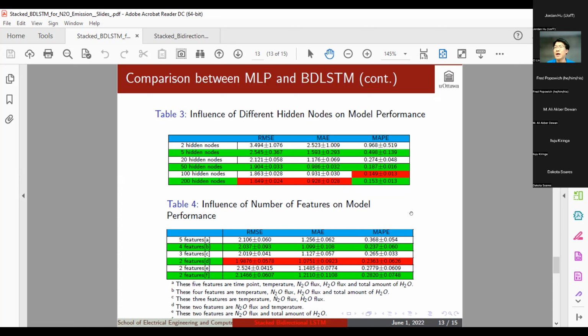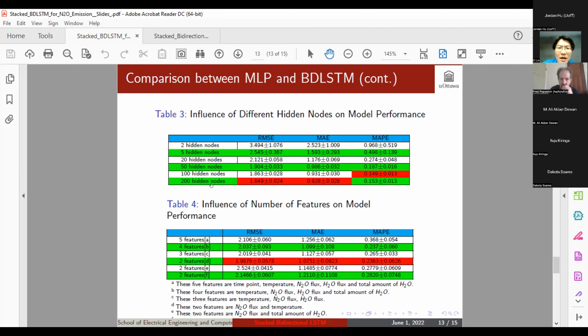But we need to make a trade-off between computation efficiency and performance, the accuracy. So here we choose 100 as a good number of hidden nodes to approximate the emission of nitrous oxide, because 200 hidden nodes will cost a longer time to train the model. It has low computation efficiency.